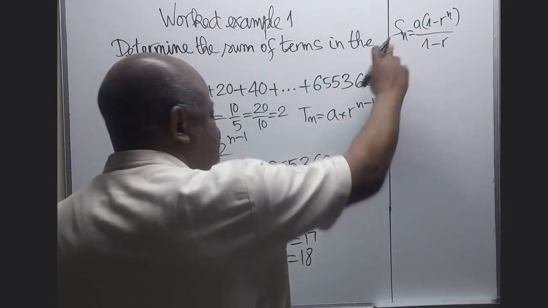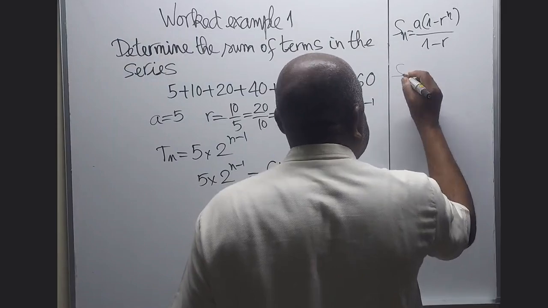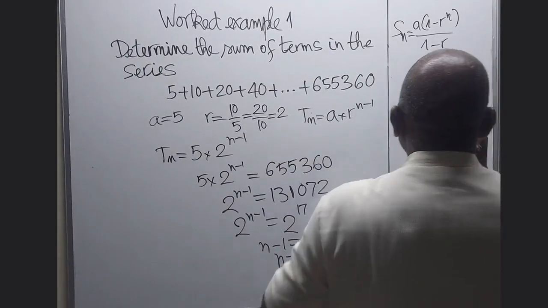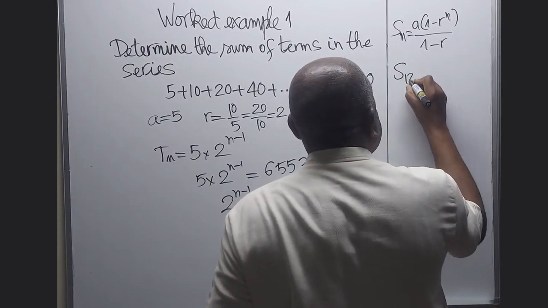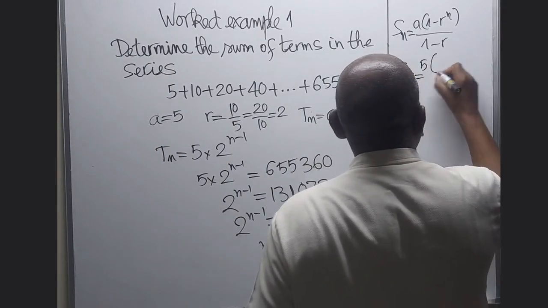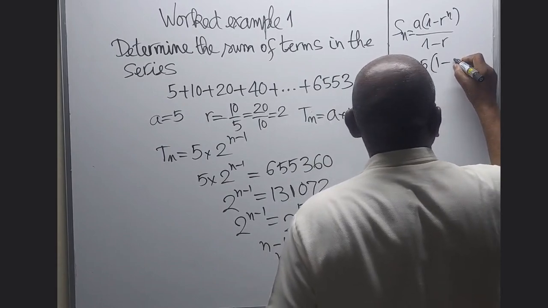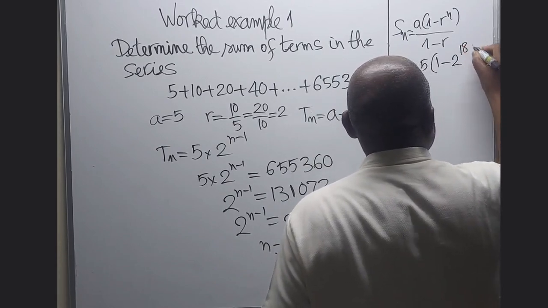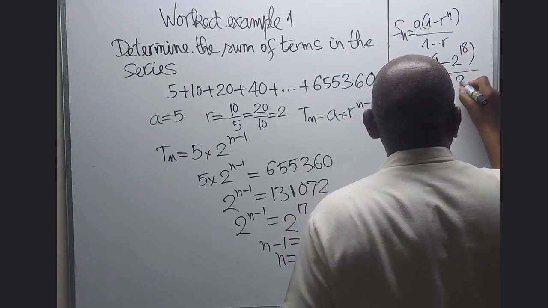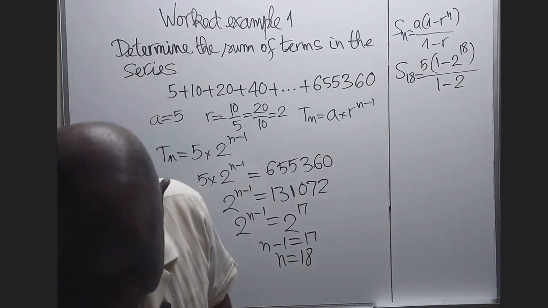So our n is practically 18. So S18 will be equal to, first term is 5, times 1 minus the common ratio 2 to the power of 18, over 1 minus 2. And with this, we're going to go straight to our calculator.